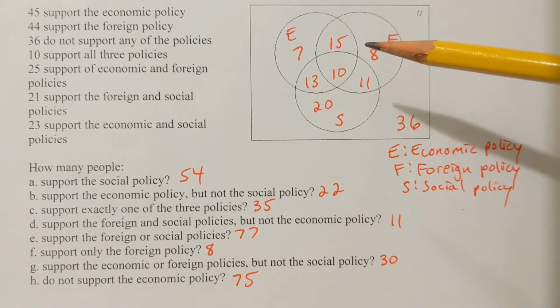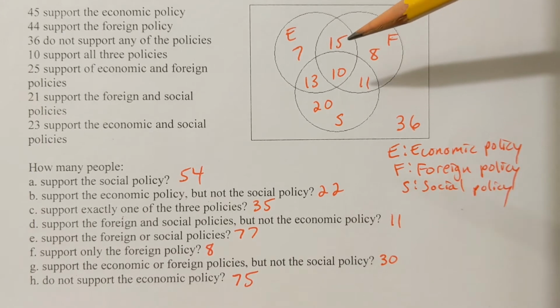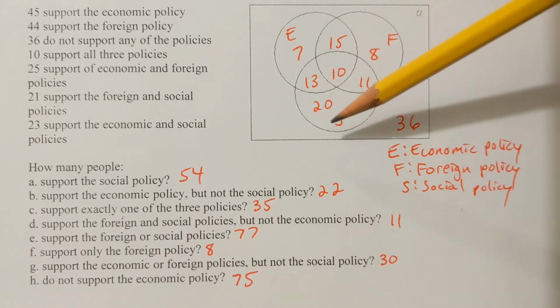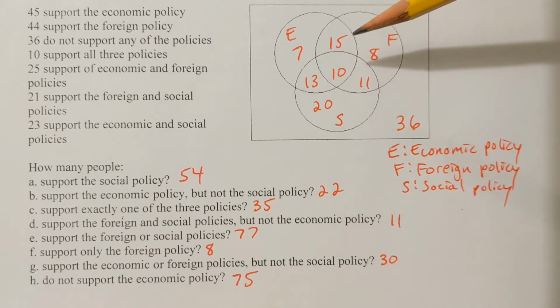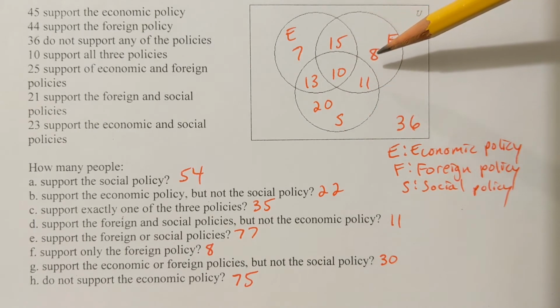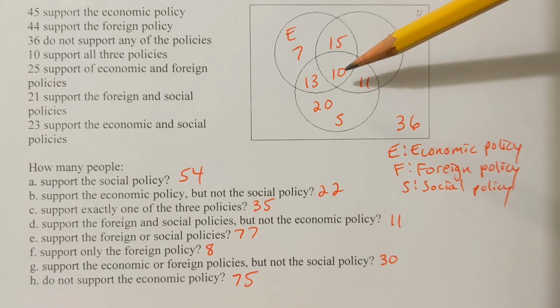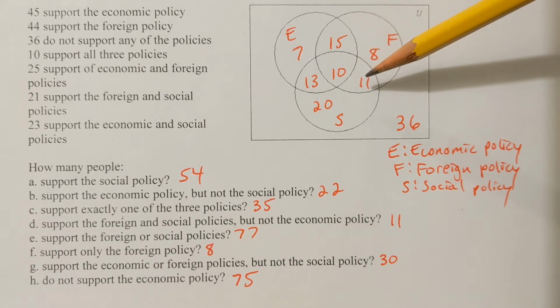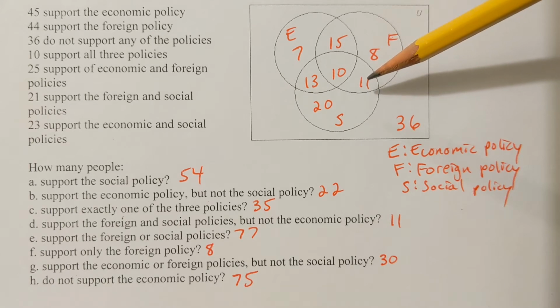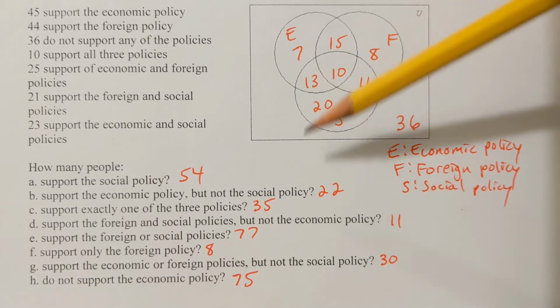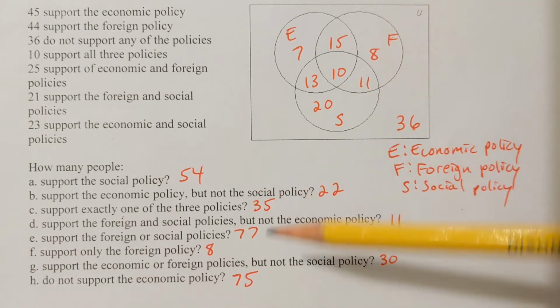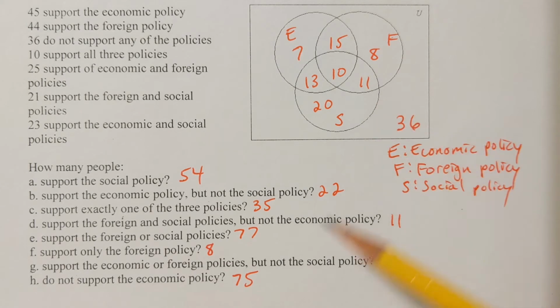Or means union, and means intersection, so I'm going to want everything in circle F and circle S. So 15 plus 8 gives me 23, plus 10 gives me 33, plus 11 gives me 44, plus 20 gives me 64, plus 13 gives me 77 people who support the foreign or social policies.